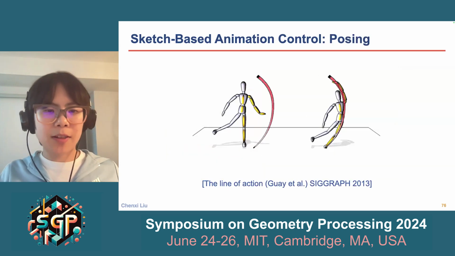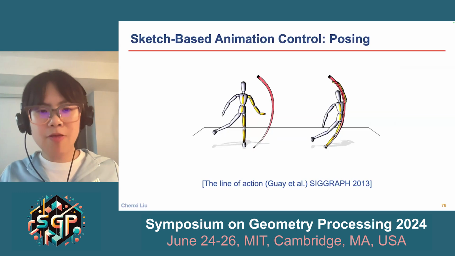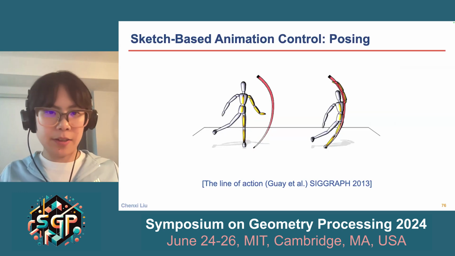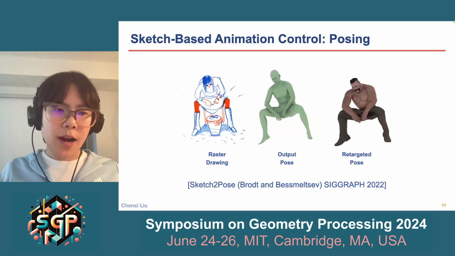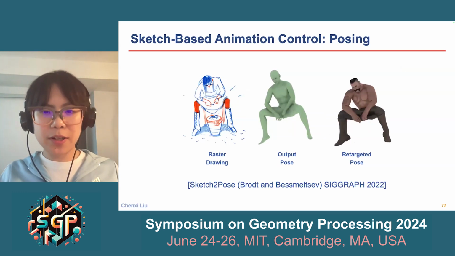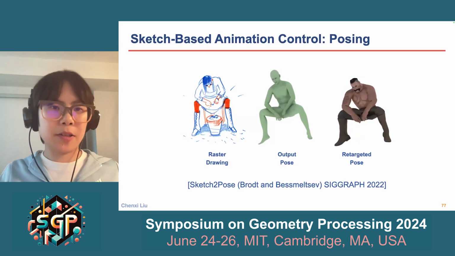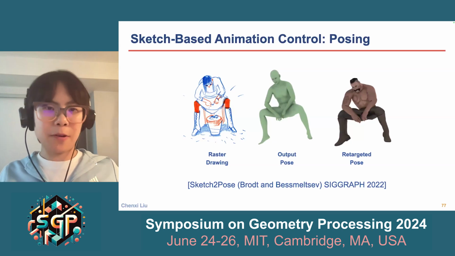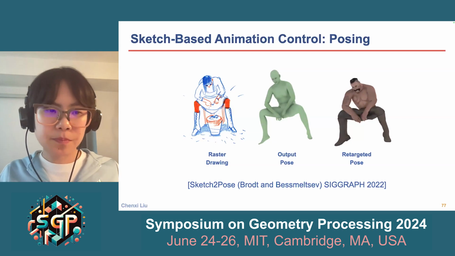This practice directly inspired this early work that aligns spheres in yellow to the input line of action in red. The current sketch-based posing method can directly take a raster drawing and pose a generic character in the middle. And this pose can be retargeted to other character rigs. Misha also covered this method in the previous part.